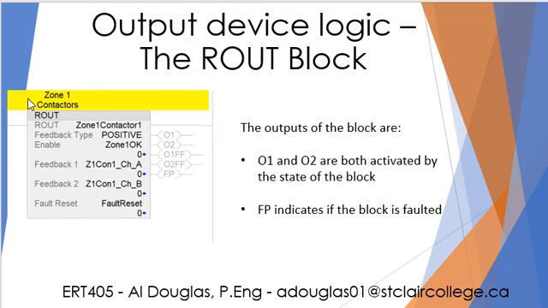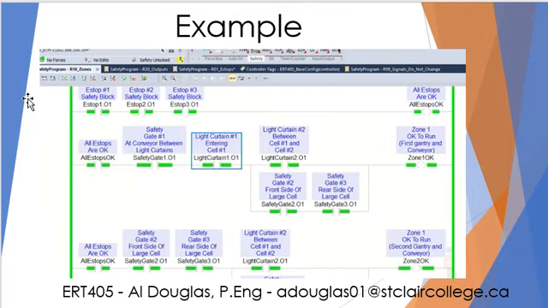And then we have a fault reset, and then we have two feedback devices as well. So when we turn this block on, this should be driving a physical contactor. And then we have signals that come back from that contactor to confirm that that contactor has actually closed. And that would be our feedback signals.